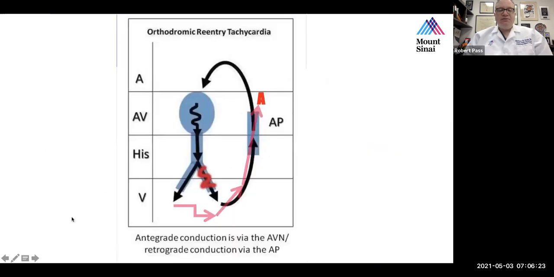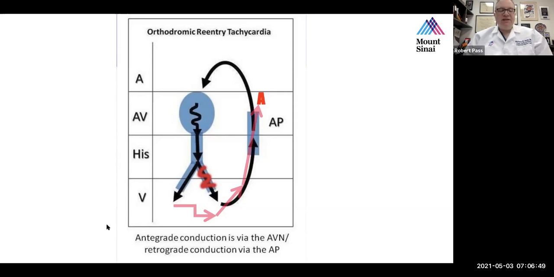And so basically, if you think about it this way, when you have orthodromic reentry, you're going down the AV node and the bundle of His, down the bundle branches to the ventricle and then back up the accessory pathway, such as this, okay?